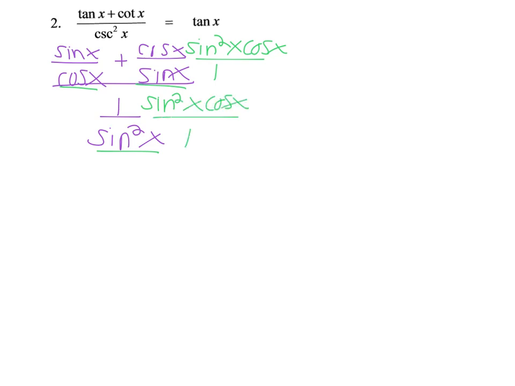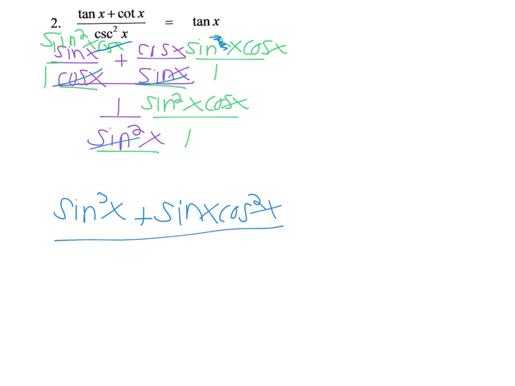So I multiply this to the numerators of all of my little fractions. So sine squared cosine over 1. So now these cosines are going to cancel, leaving me with sine cubed. And these sines will cancel one of them, leaving me with a sine cosine squared.